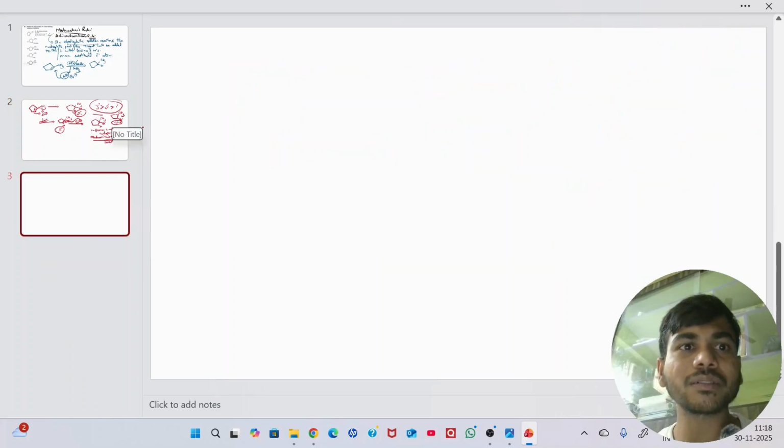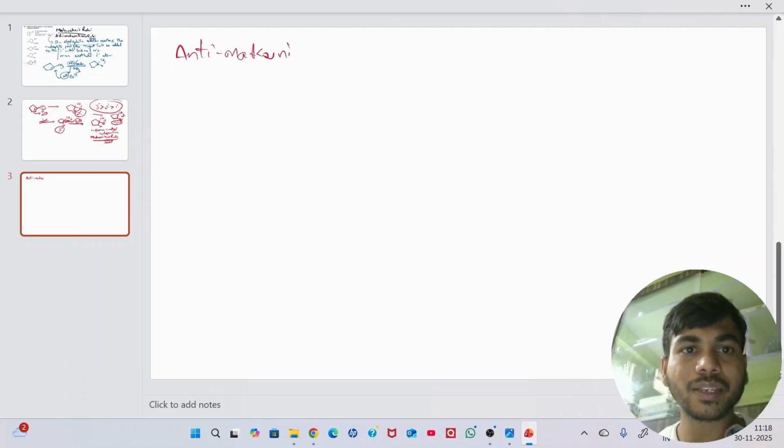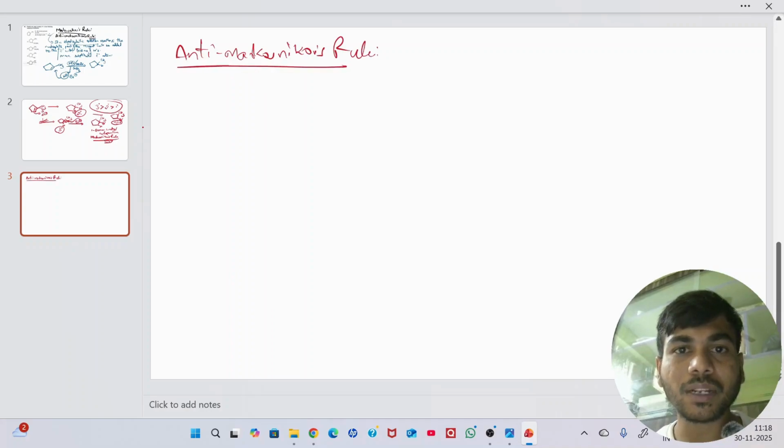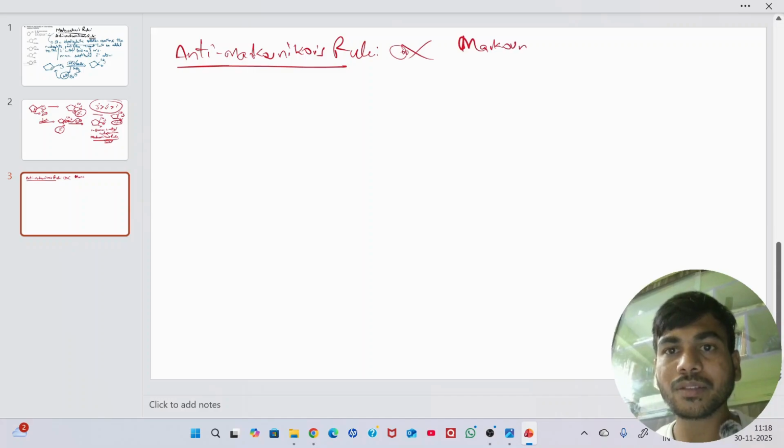Now you can go for anti-Markovnikov's rule and when this will be applied. This is quite opposite to Markovnikov's rule, so the attacking reagents change their relative positions.